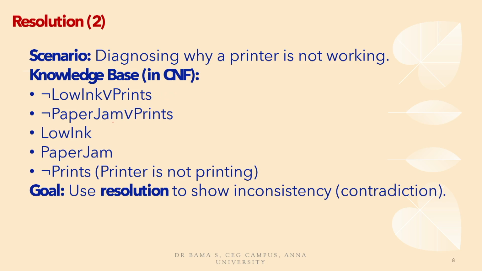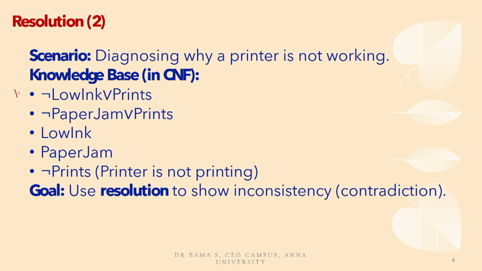Paper jam, not paper jam or print, this actually indicates paper jam implies print. If there is paper jam it prints, if there is low ink it prints. So, it is a representation like this, and what we are going to do here is show the inconsistency, and in fact, some of our assumptions may be wrong while we are considering. So, let us start this.